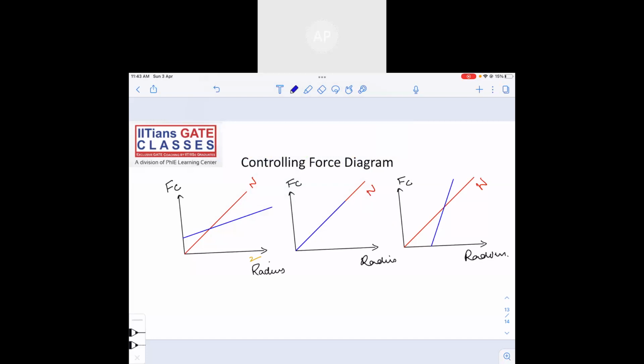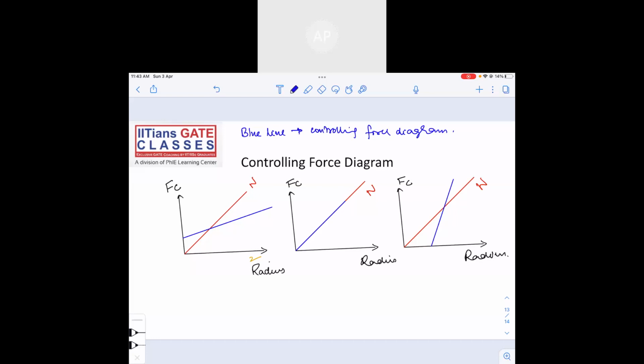The blue line is representing the controlling force diagram.